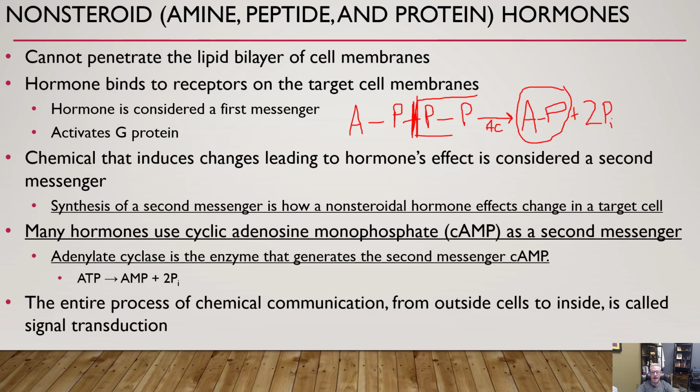Cyclic AMP activates another enzyme called protein kinases, and these protein kinases transfer phosphate groups from the ATP molecules to protein substrate molecules in a process called phosphorylation.